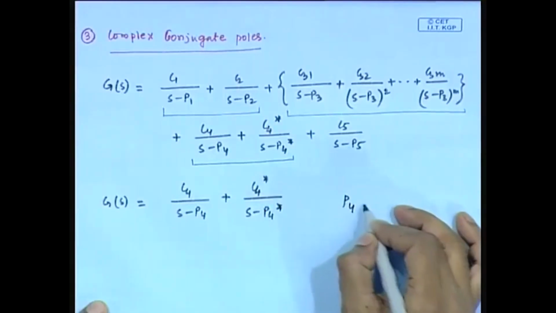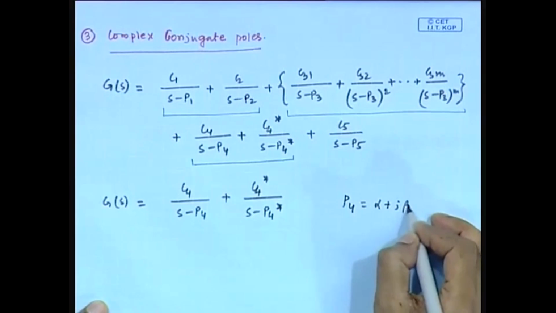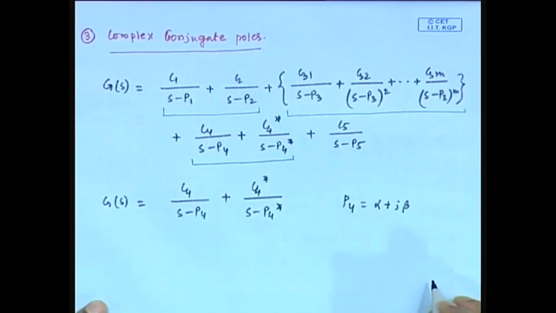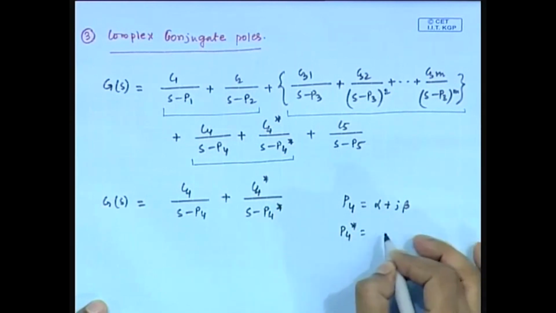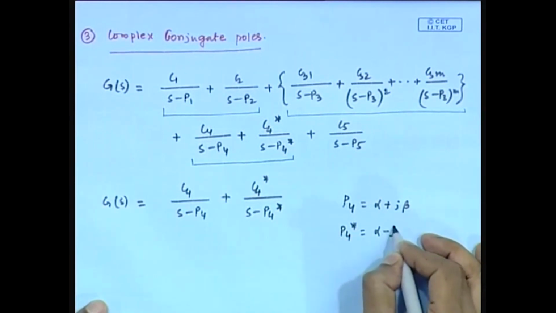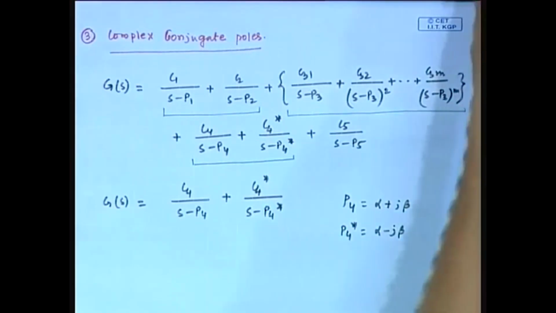So, we will consider P4 equals alpha plus j beta and P4 star, that is alpha minus j beta. Fine. These are the two complex poles.